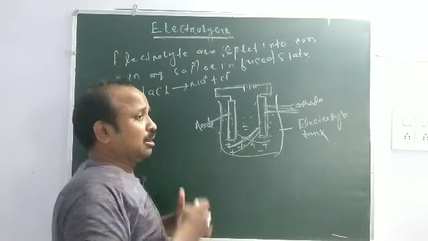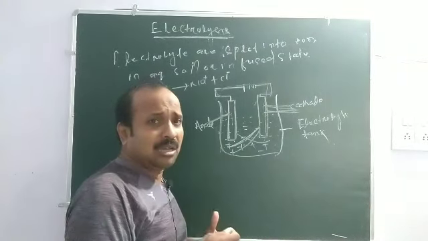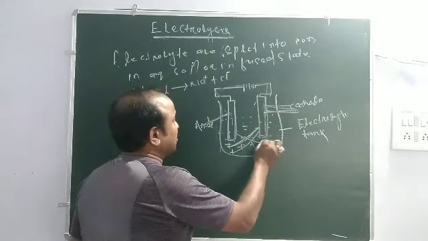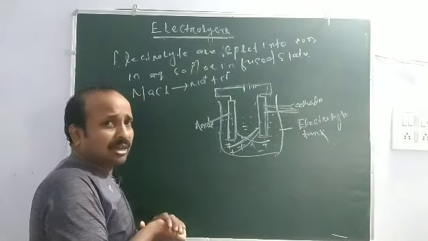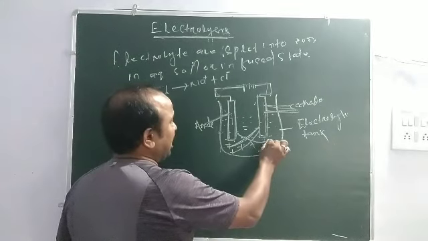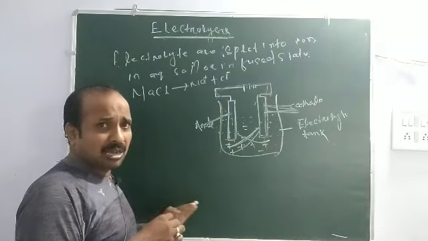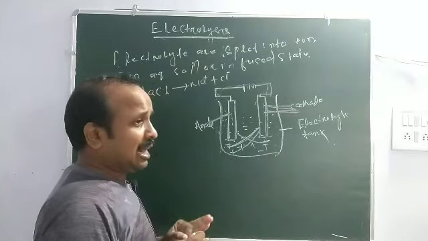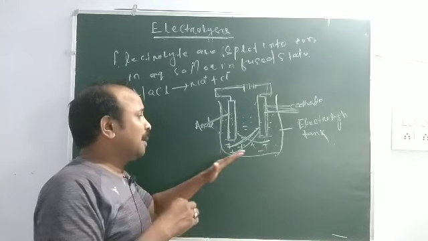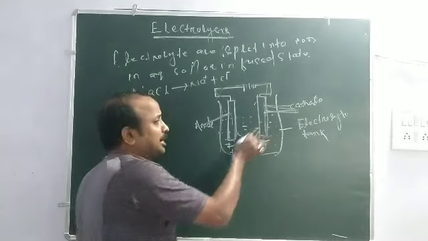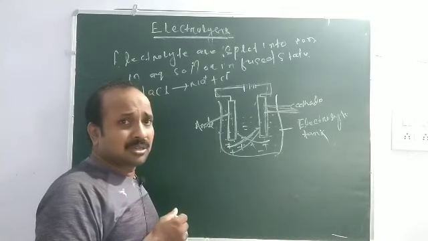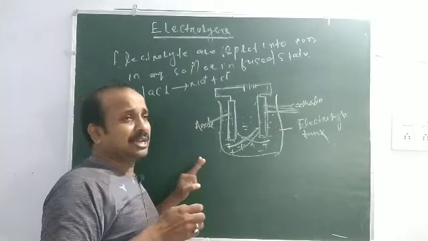This ionic movement is called electrolytic conduction or ionic mobility. Ionic mobility means the speed of movement of ions toward the respective electrode with the gradient of potential.